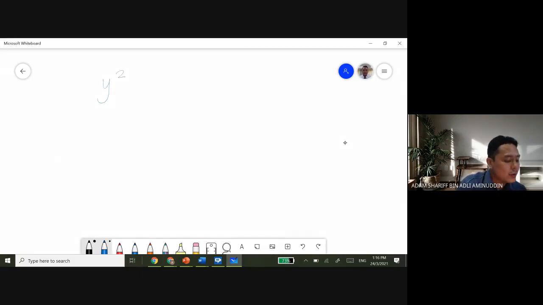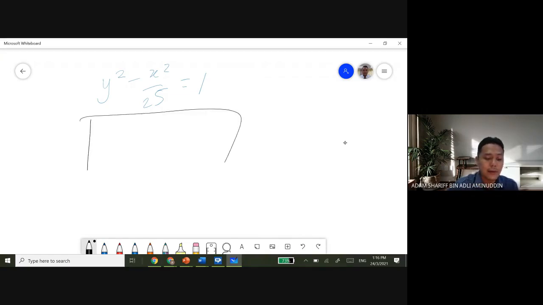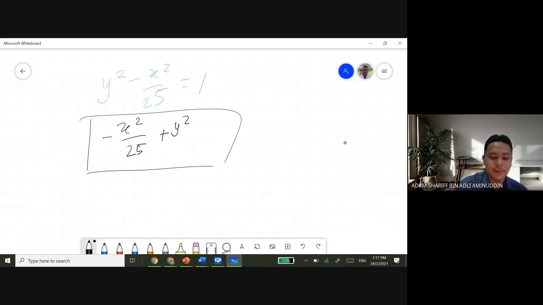The original question, y squared minus x squared over 25 equals to 1. Time ni dah gabra sebab, bentuk apa ni kan? Nanti dulu. Okay, so if you arrange it, so the x will be at the front. So you will see that, okay, x squared per 25 plus y squared equals to 1. At this point, some of you might ponder, kalau soalan tu tak cakap hyperbola ke ellipse, it's quite possible that you might think that this is an ellipse.